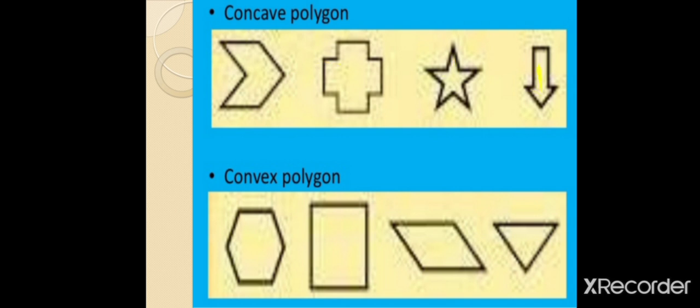So when we take any two points inside this boundary and try to connect them, some part of that connecting line segment may go outside the boundary. That's why this is called a concave polygon. So these are a few examples of concave polygons, and these are the examples of convex polygons.